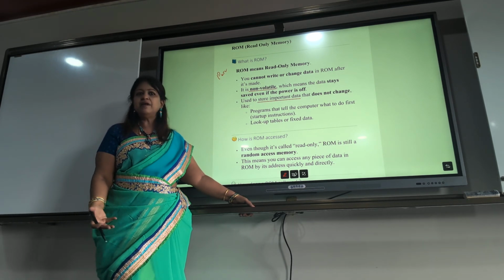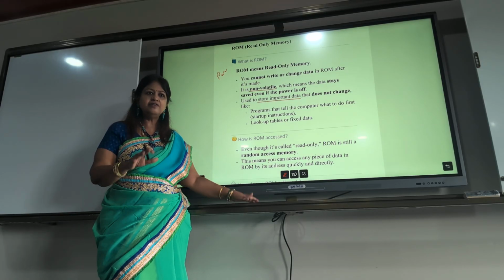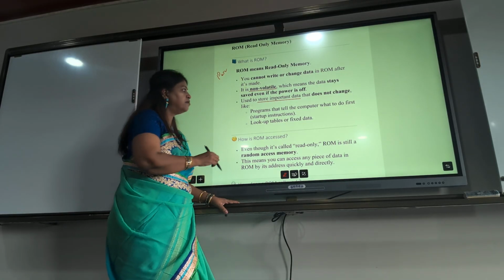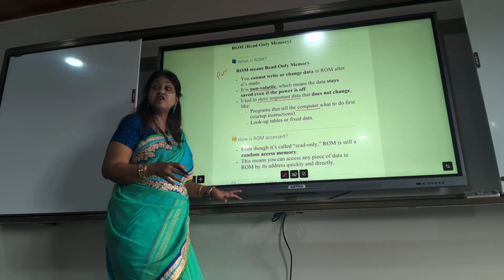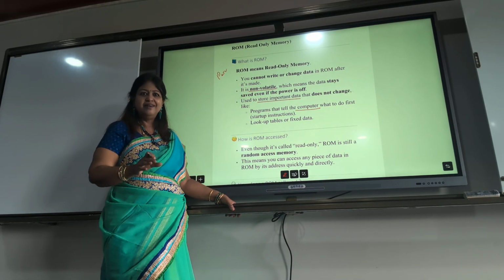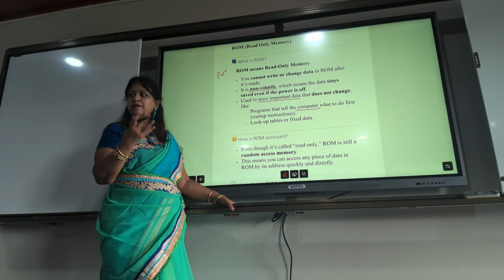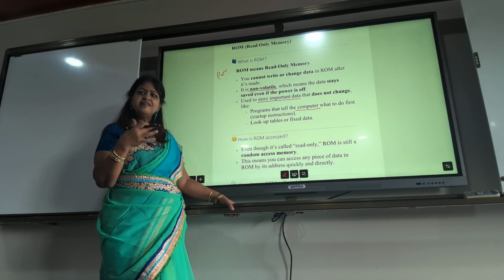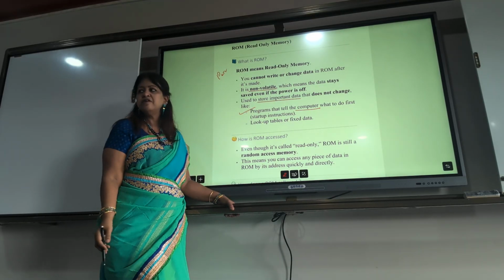Those things will be stored in these ROMs. It holds the program that tells the computer what to do first: startup instructions. When you press the power button on the CPU, booting takes place, every day, every time. That type of program will be stored.